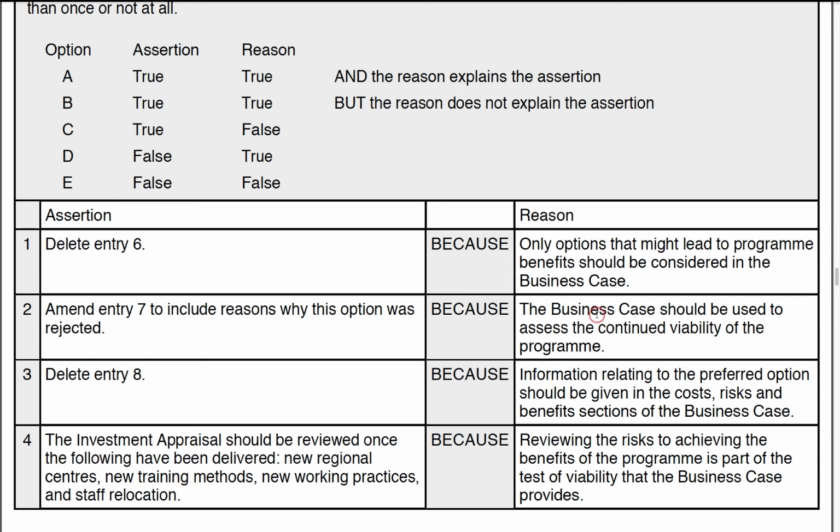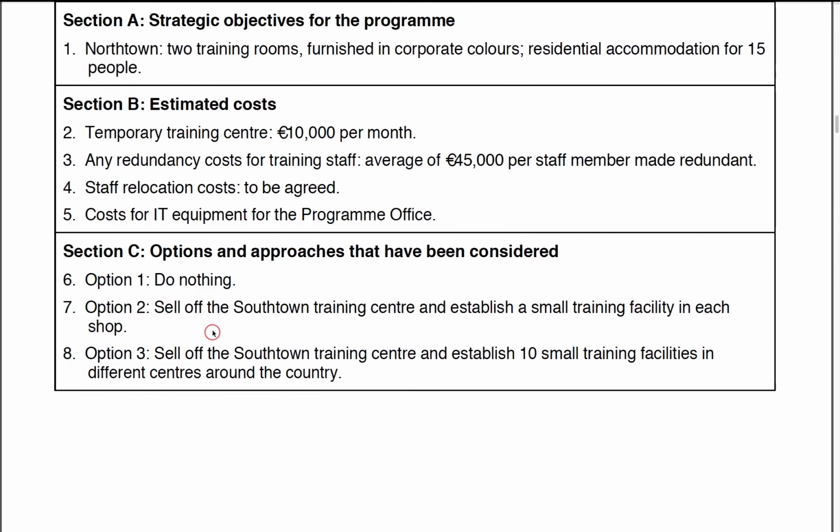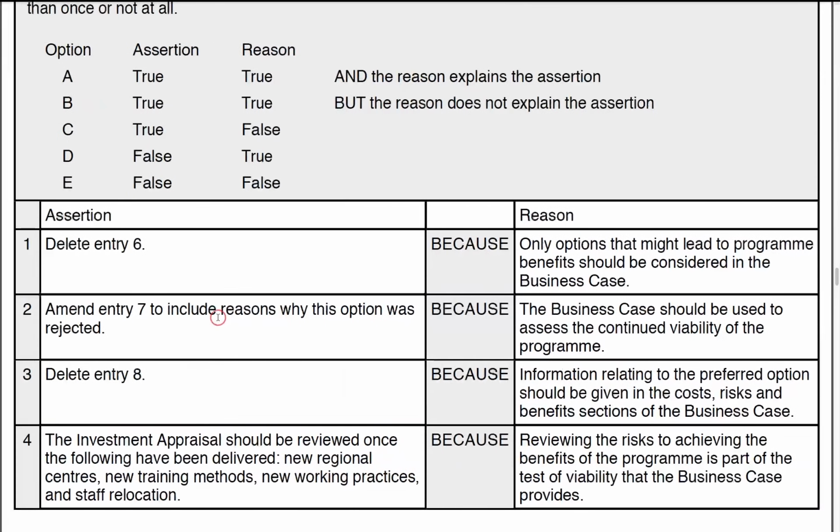Now we've got to look and decide whether the reason actually explains the assertion. All right. Well, in the statement 7, we're looking at setting off the establishment of the Southdown Training Centre. Why that wasn't included. Right, so we're looking at the rationale behind that. Now, the thing over here was it's all about using the business case to assess the continued viability of the program.